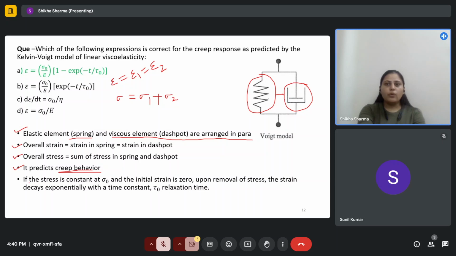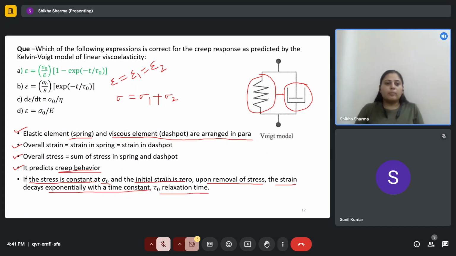So what happens in this? In the previous case, in the Maxwell model, we took the strain as constant. Here we are taking stress as constant. We apply a constant stress, sigma naught, and the initial strain is 0. Upon removal of the stress, the strain decays exponentially with time, with a constant which is the relaxation time.